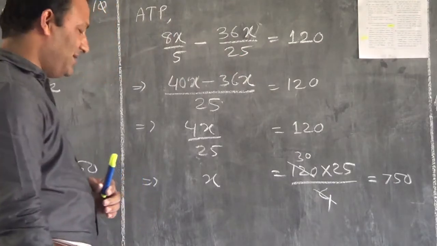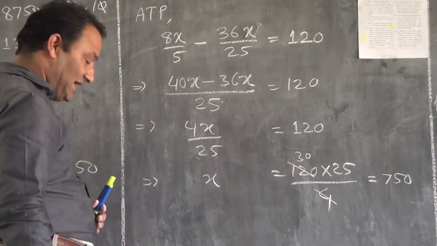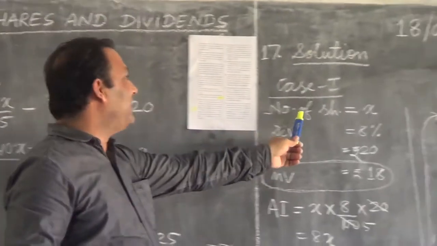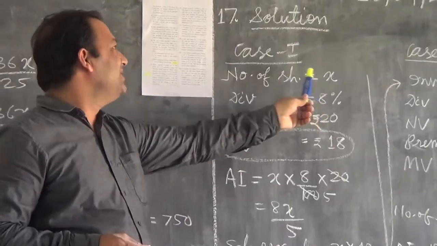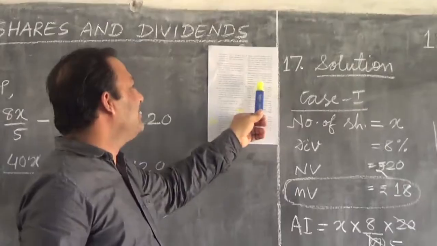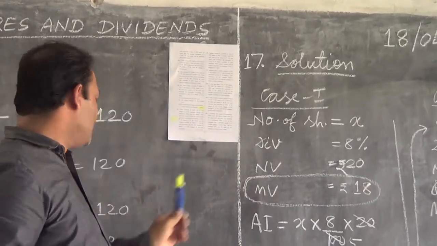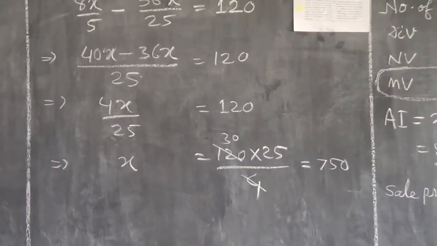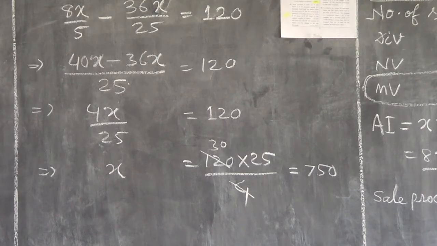X value is 750. The number of shares sold by Dheeraj was taken as X. So the question is also asking to find the number of shares sold by Dheeraj. So the answer is 750. So write it down.